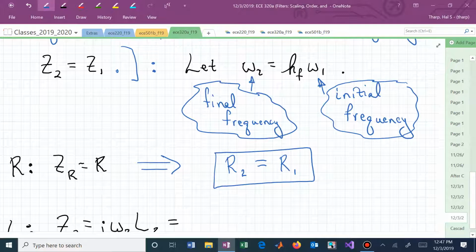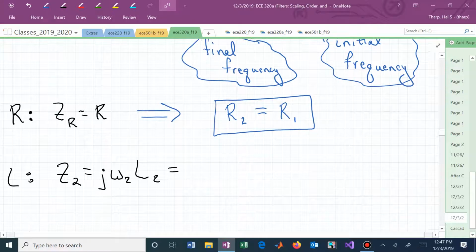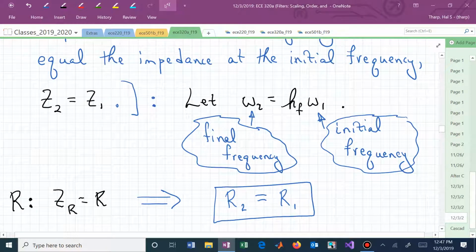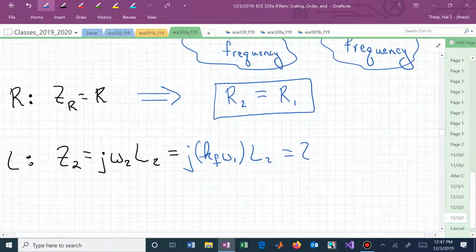What about inductors? Z sub 2 is now j omega sub 2 L sub 2, and we want omega sub 2 to be related to omega 1, so we can replace omega sub 2 by K sub f omega sub 1 in this expression. This is now j K sub f omega 1 L sub 2. But we want that to equal Z sub 1, and Z sub 1 is j omega 1 L1.